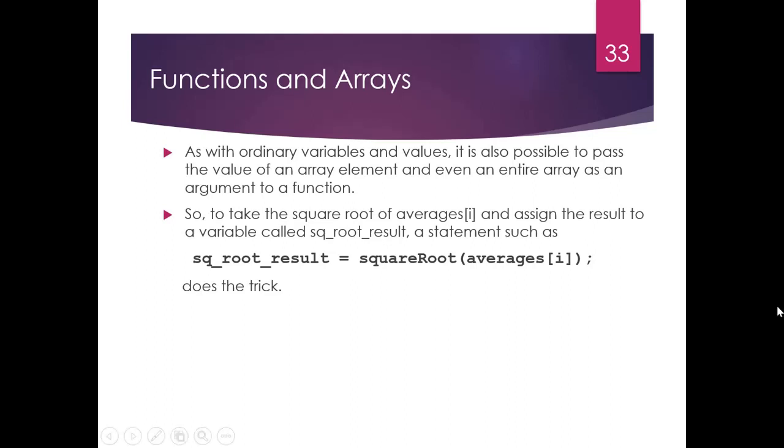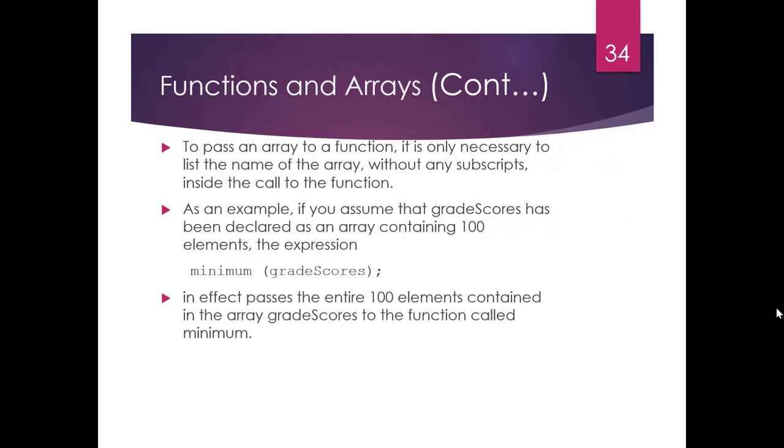This is an example of that. To pass an array to a function, it is only necessary to list the name of the array without any subscripts inside the call to the function. As an example, assume gradeScores has been declared as an array containing 100 elements.